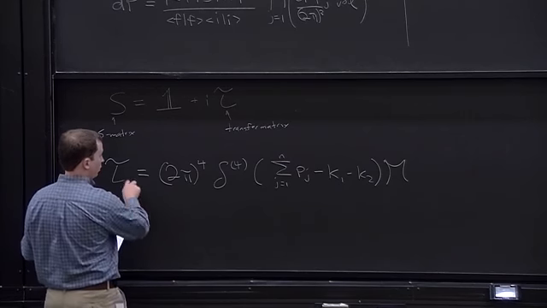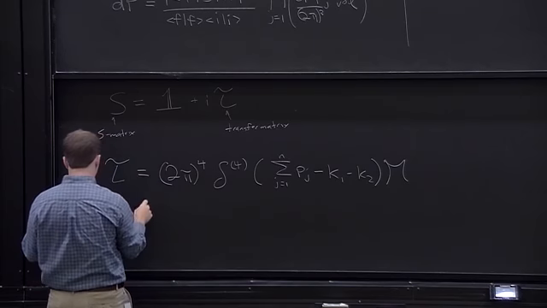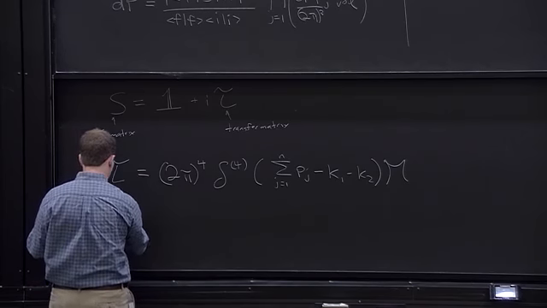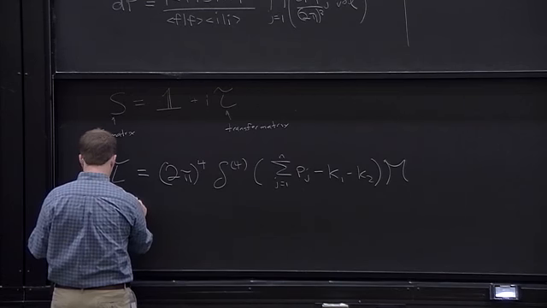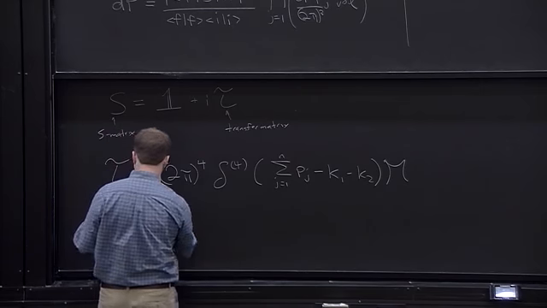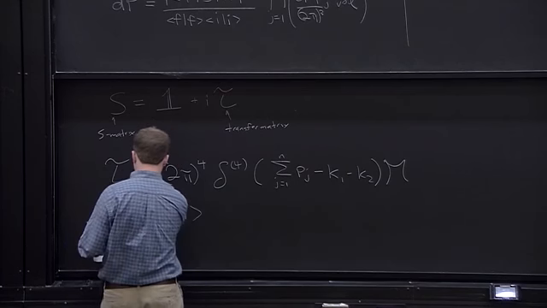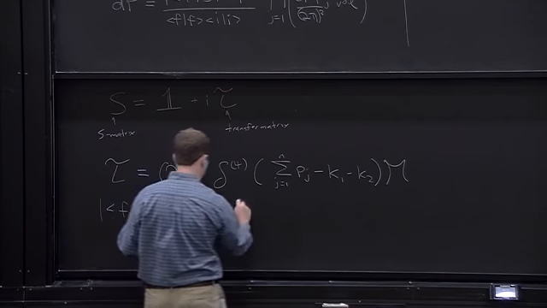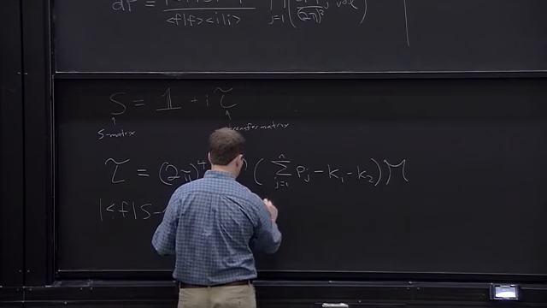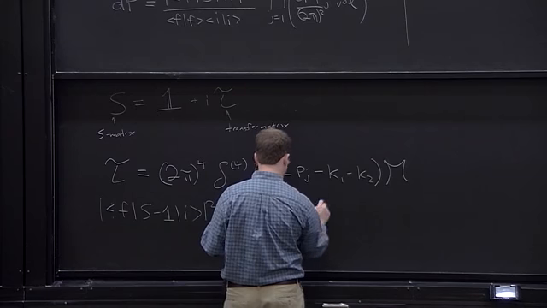If we plug this relation into our expression for the differential probability, we get that |<f|S-1|i>|^2 is (2π)^8 times this delta function squared.